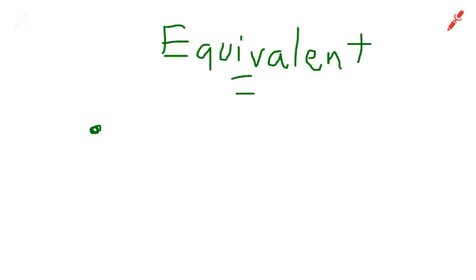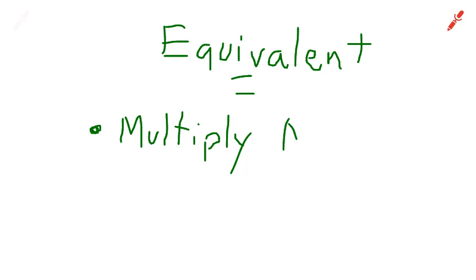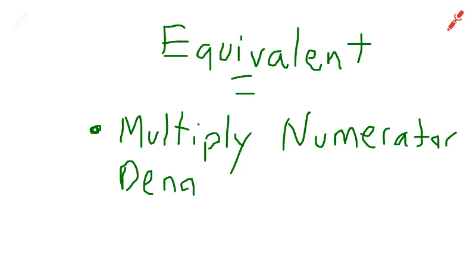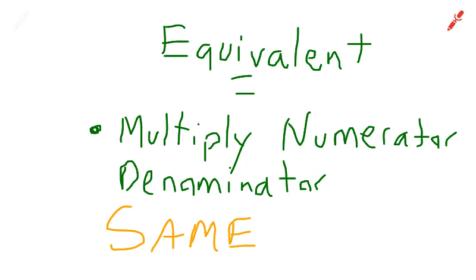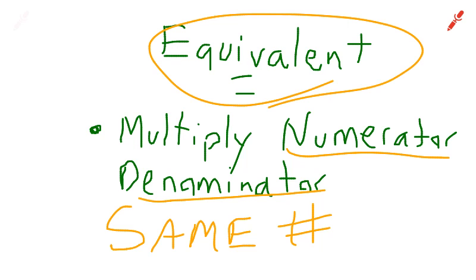I know I have to multiply my numerator and denominator by the same, and this is the most important part, it has to be the same number. So I have to multiply my numerator and my denominator by the same number to get equivalent fractions. Hope that lesson makes sense to you today.